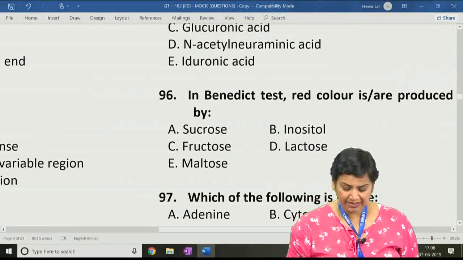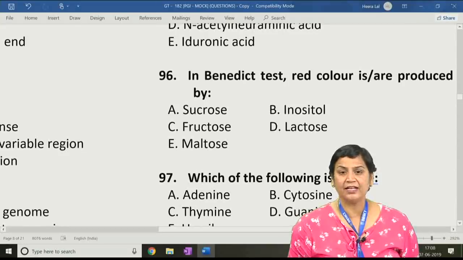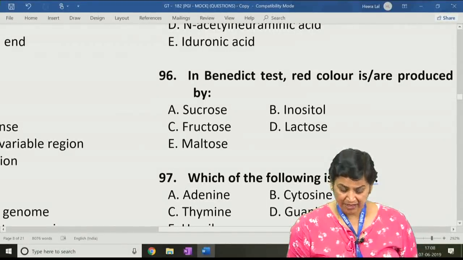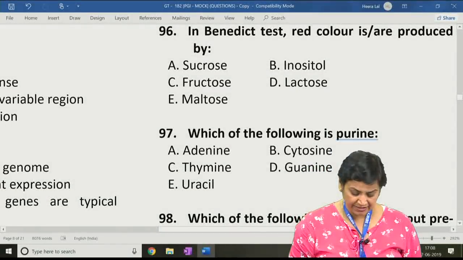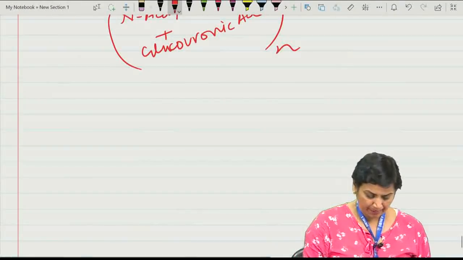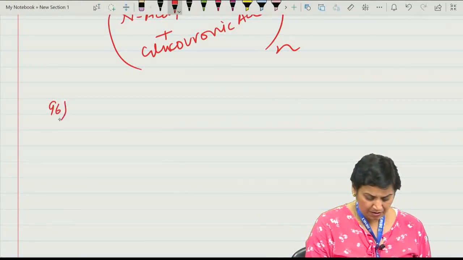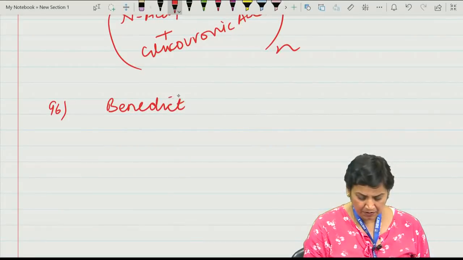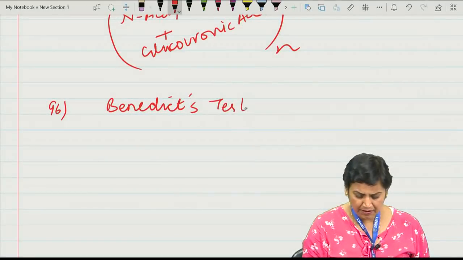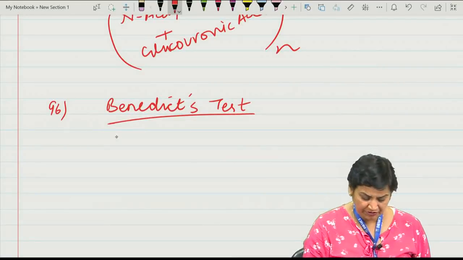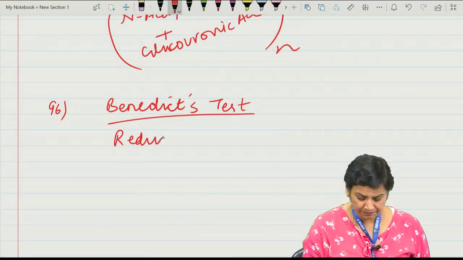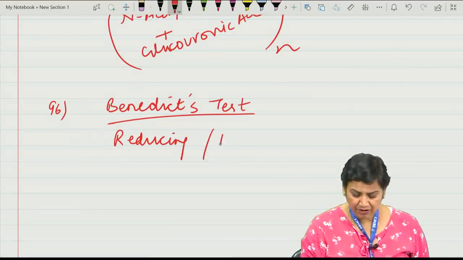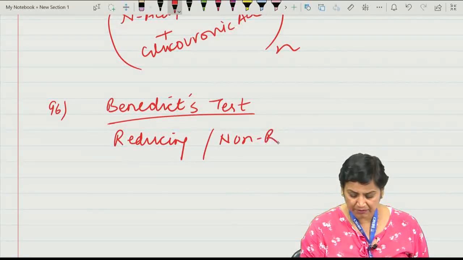Then question number 96. In Benedict's test, a red color is produced by. Now see, this Benedict's test distinguishes between reducing and non-reducing sugars.